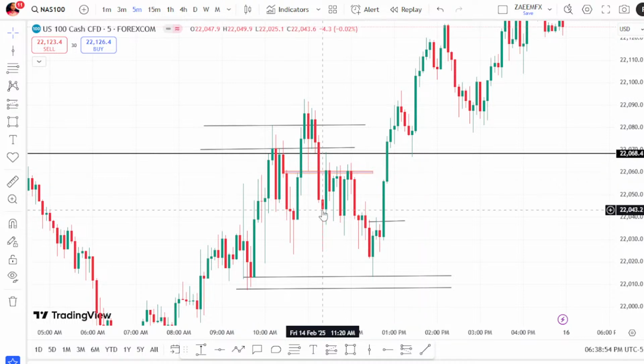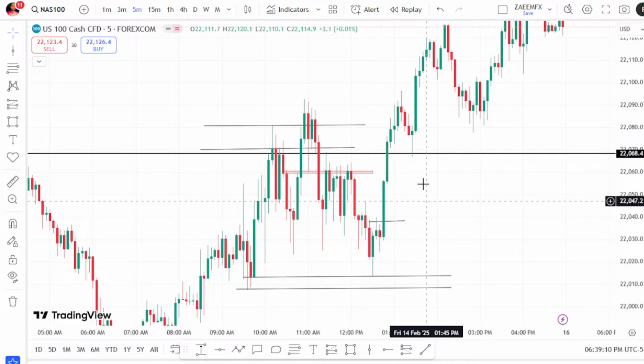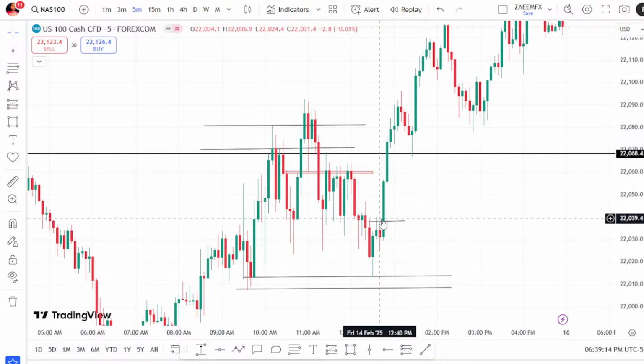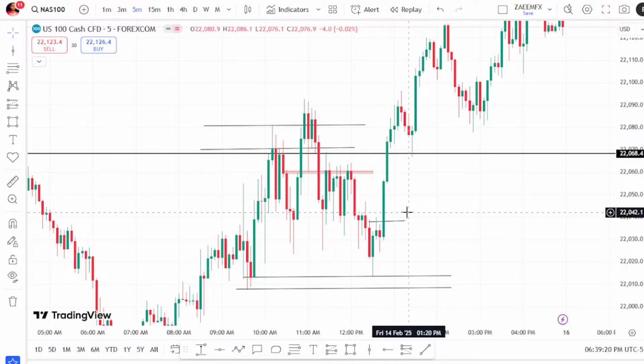Once price traded below it, I think I was here. My entry was based on the 1 minute time frame. I took some losses here, I think three losses. But once price leaves, you see this line, once price leaves it on the 1 minute, as soon as it leaves this area, then I start in with heavy lots.